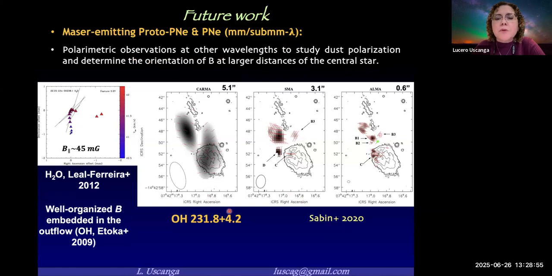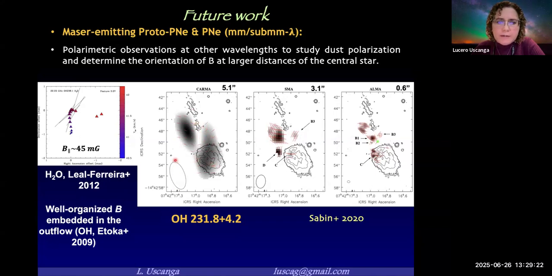This is just an example, for a source that is considered a protoplanetary nebula, that is also an OH maser emitter as well as a water maser emitter. That is this work published by Lear Ferreira back in 2012. But for example, here you can see in red the orientation of the magnetic field at different resolutions and scales related to the distance from the source.